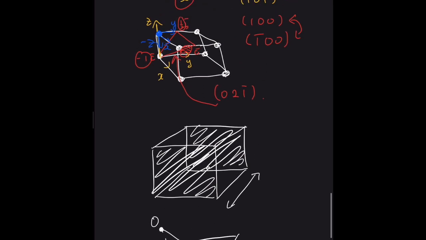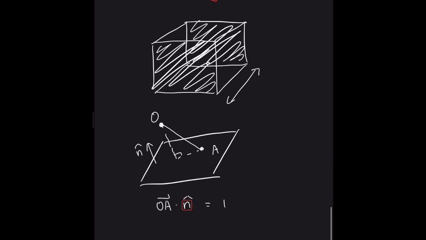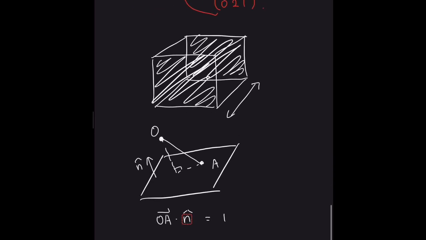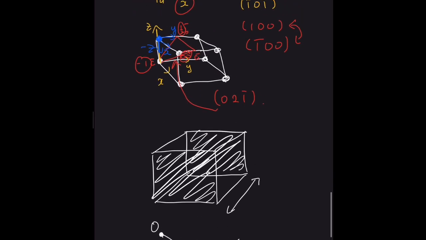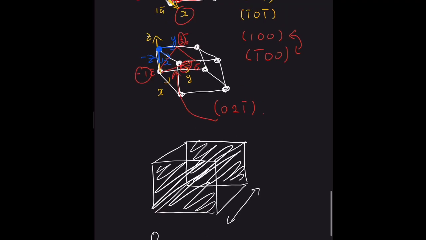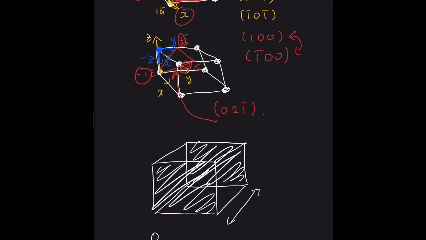So, for example, a point on this plane would just be 0, 1/2, and 0.